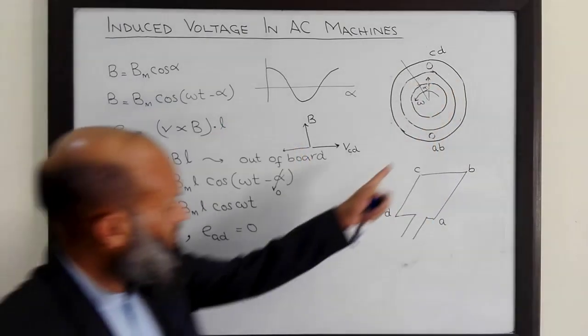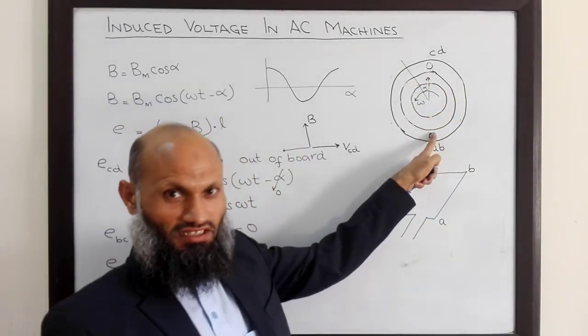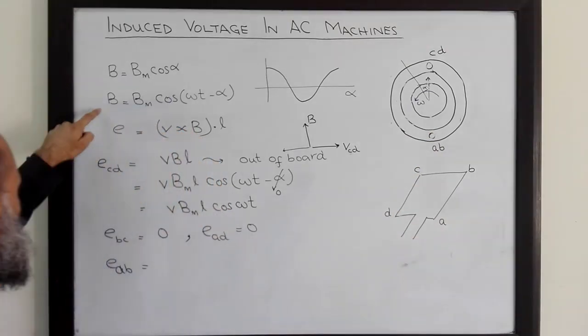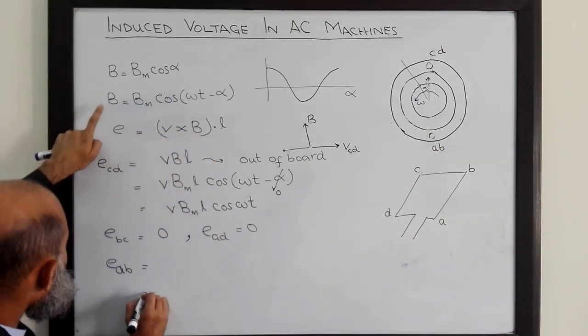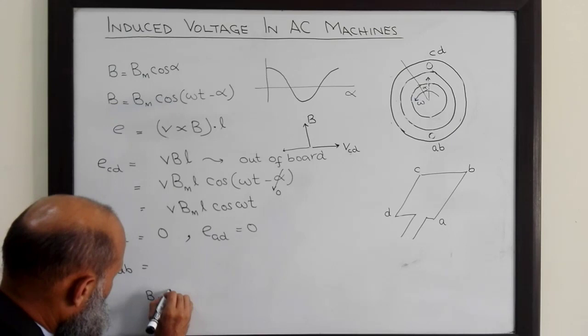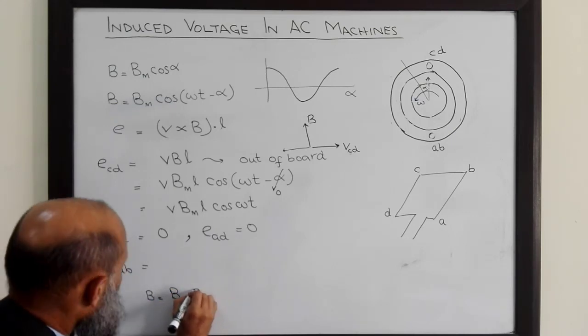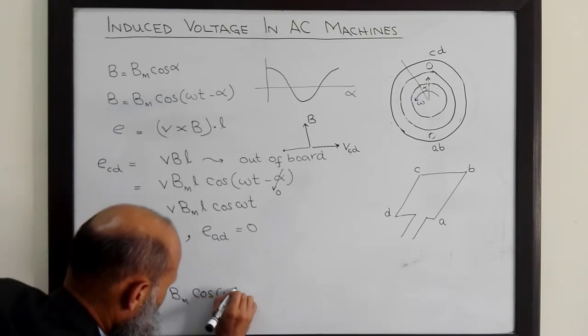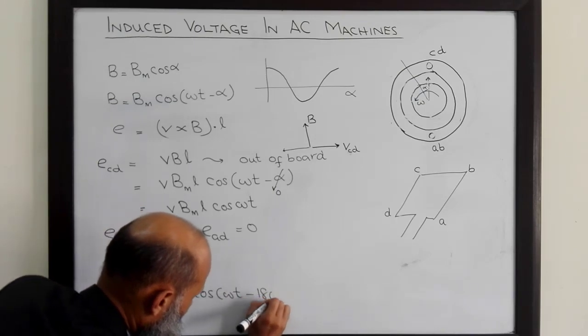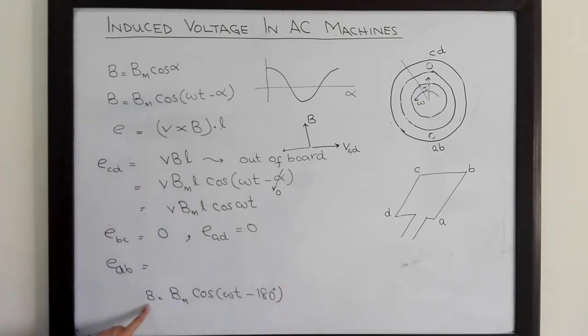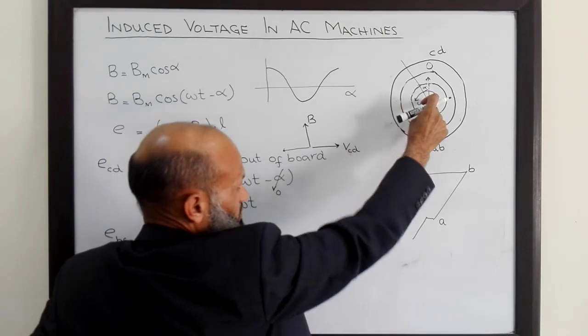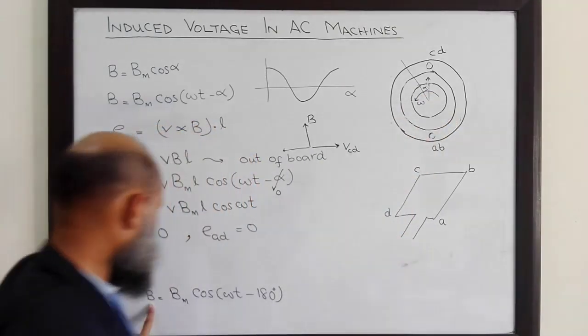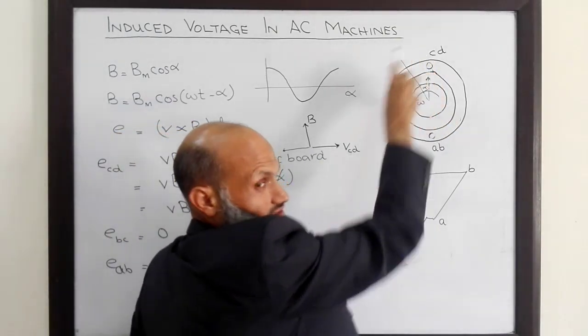Upwards. So corresponding to this conductor, the magnitude of flux density vector is B equal to Bm cosine of omega t minus 180 degrees, and the direction is upwards.